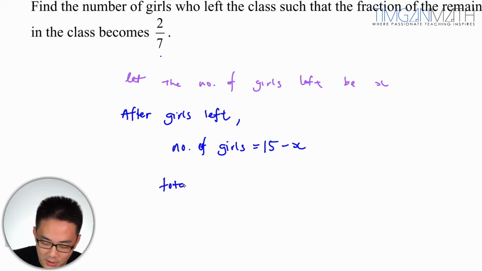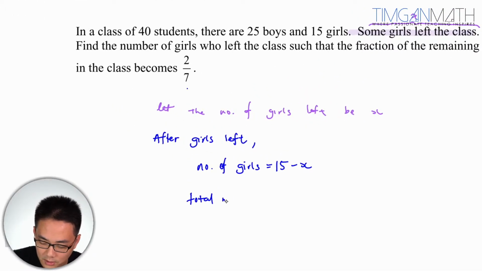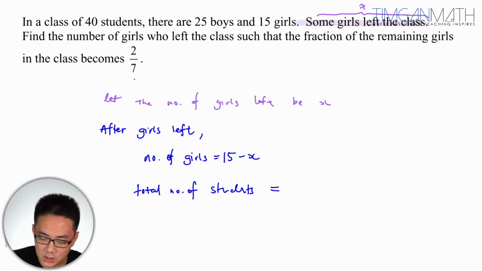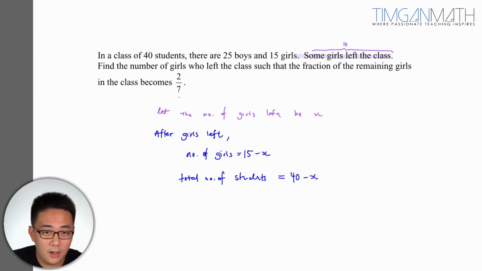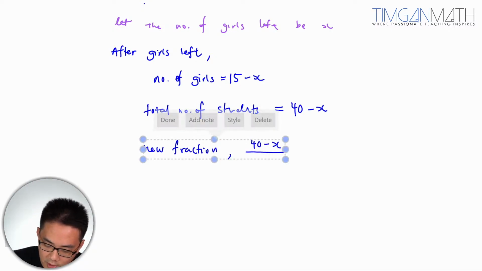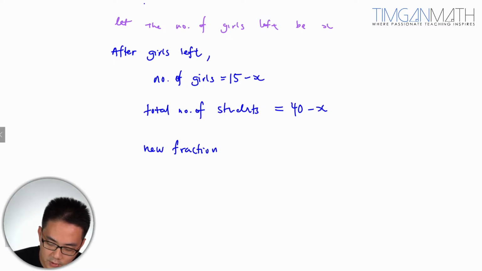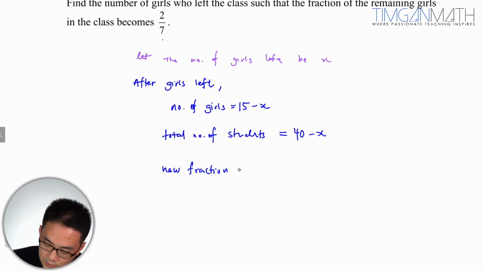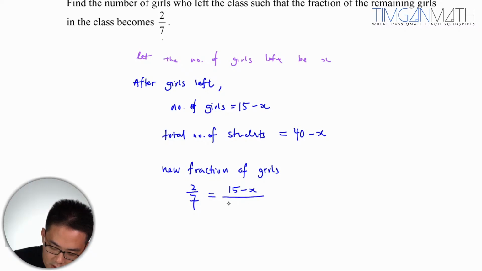Useless in this case, figuratively, not in general. It's useless because we don't need it, but what we need is the new total number of students. The number of students would be 40 minus x, am I right? Because x left. Then the new fraction of girls would be 2 over 7, which is also the new number of girls, 15 minus x, over 40 minus x.